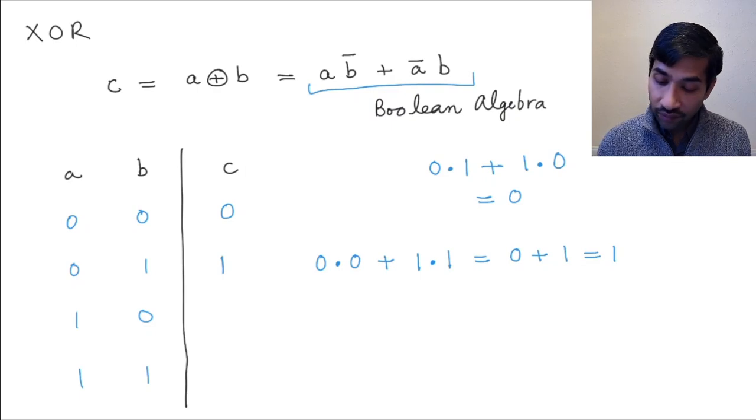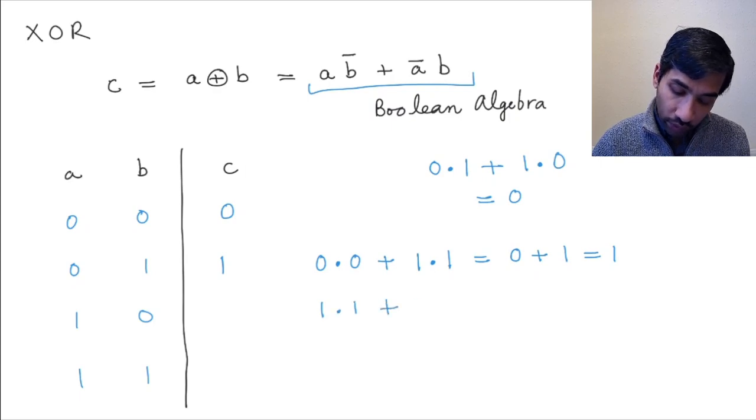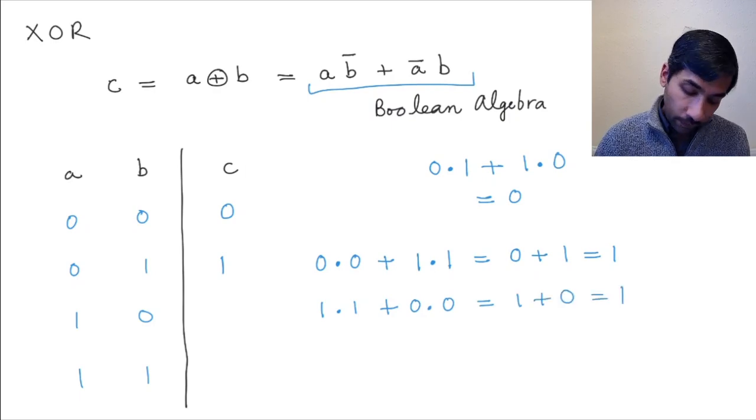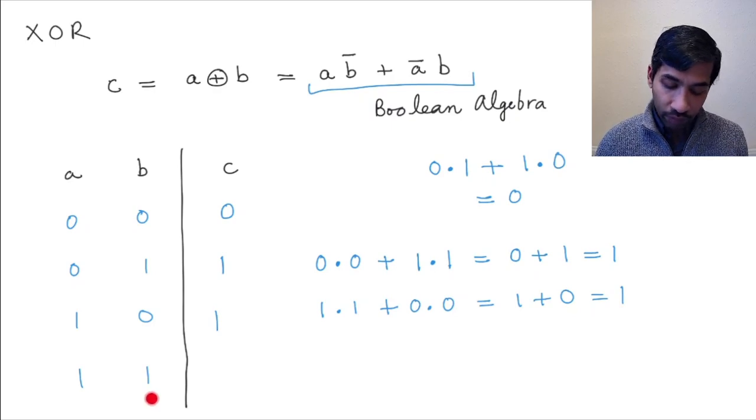Now let's evaluate the expression for A equal to 1 and B equal to 0. What you would find is 1 and 1, or 0 and 0, and that turns out to be 1 or 0, which is also equal to 1. So we put 1 here. Now let's evaluate the equation for A equal to 1 and B equal to 1.